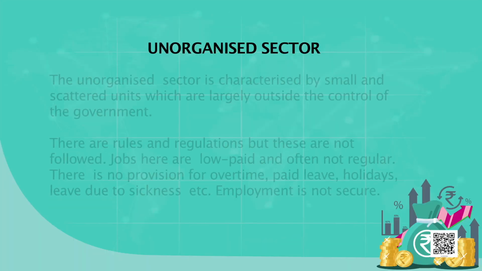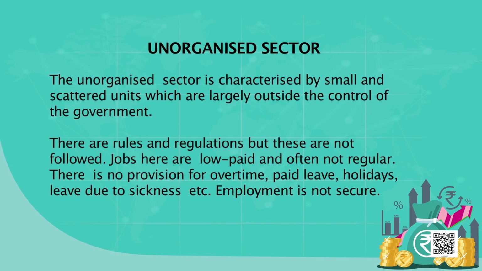One nature is people who do not get regular jobs, who are paid very low wages, who do not get, for example, pension or gratuity, and who get very irregular employment opportunities. They are named unorganized sector workers. In many other countries, they are also called informal sector workers.